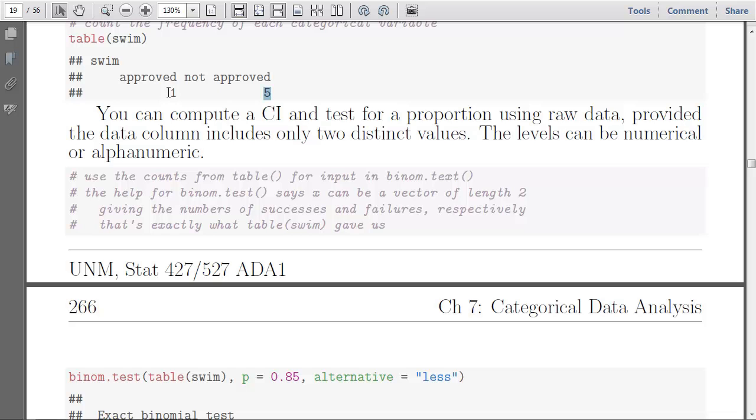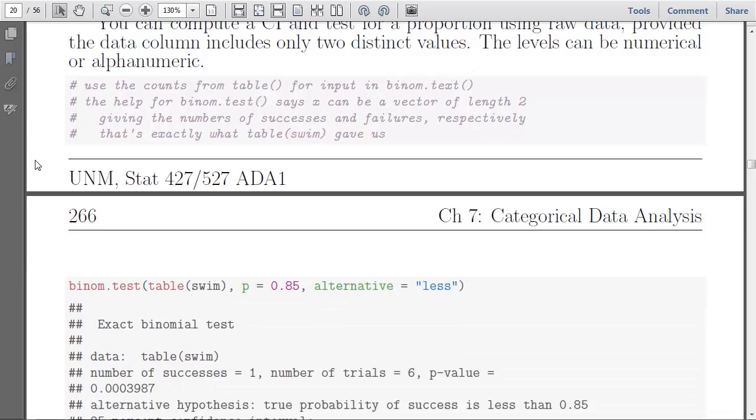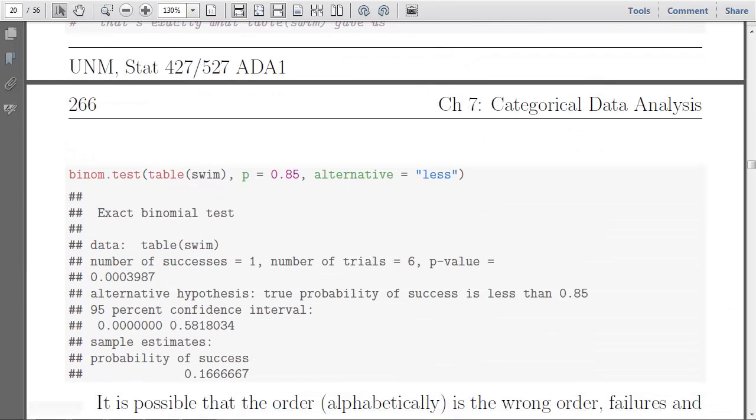And if those two numbers are a single object with two numbers, you put that in as a single argument, and you'll get the same test as if you had counted up the number of successes, 1, and the total number, 6, and added those as 2 separate arguments. All right. So if you compare all these numbers here, they are the same as what we saw earlier. In particular, there's the p-value of 0.0004.